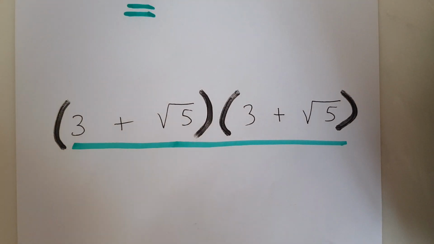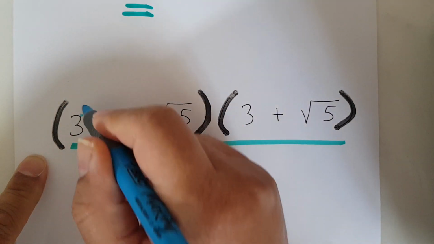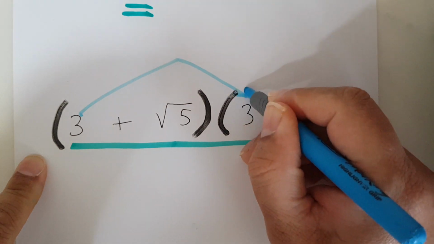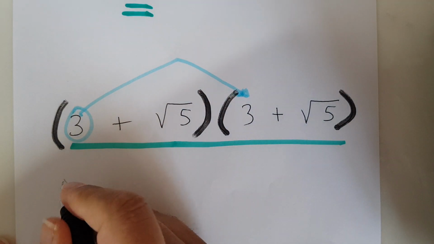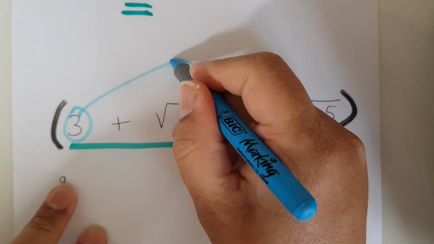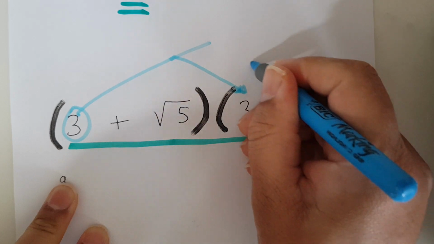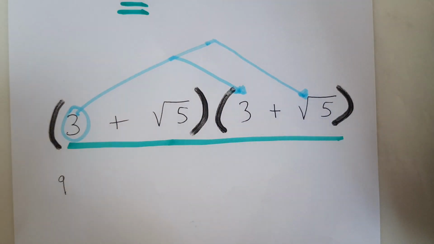Let's do another example. And this one, again, expand and simplify it. So we're going to do 3 times 3, which is 9. And then we're going to do 3 again, multiply that by square root of 5.